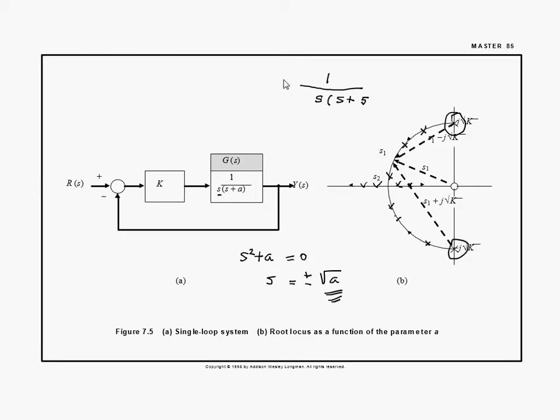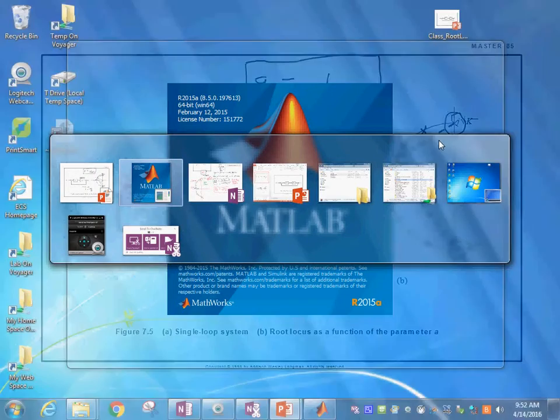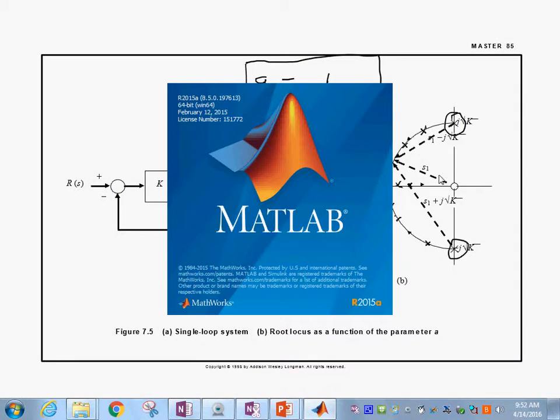This is my transfer function. Let's call it g. I am going to enter this transfer function into MATLAB, and then I'm going to ask for the root locus, and it should come up with something like the one on the right hand side. How in the world do we do this? We're still waiting for MATLAB to give us a prompt, and hopefully it does that pretty soon.